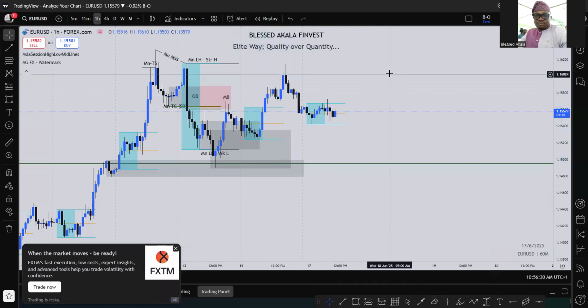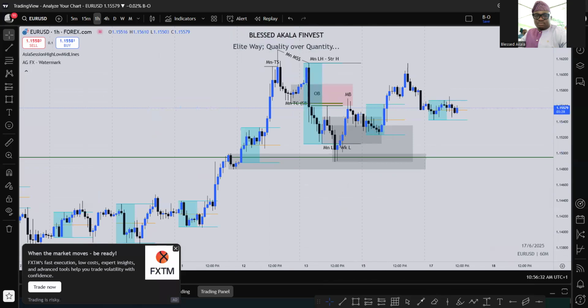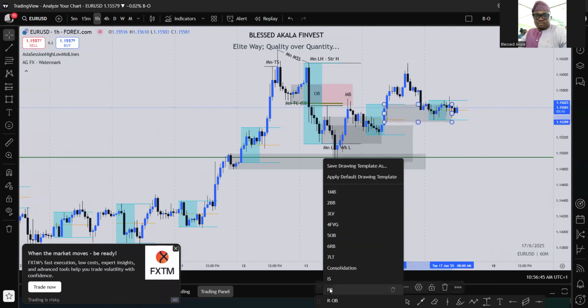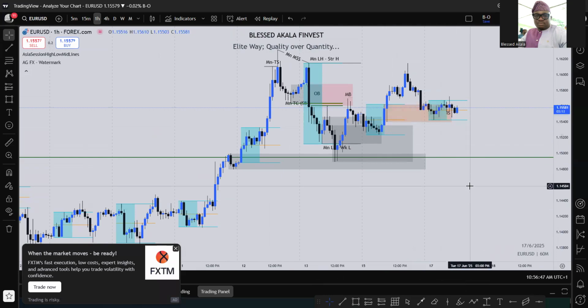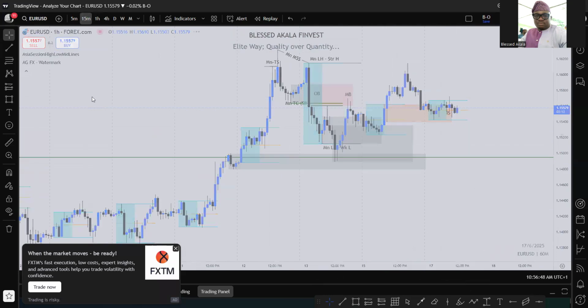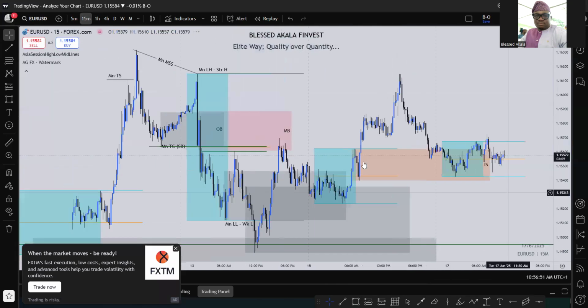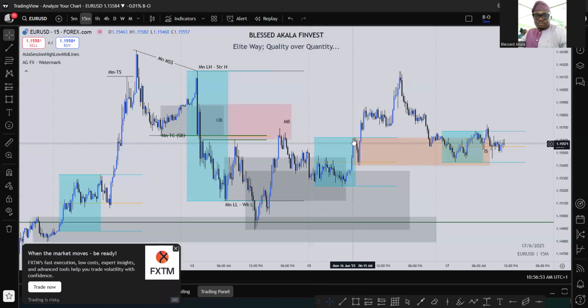We have this internal structure here. I spotted it, but if we check through it on 50 minutes, we see there is a very good order block that we have there.